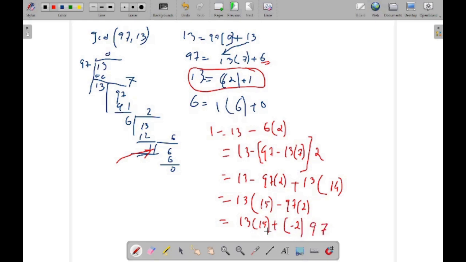So this is in the form ax plus by, where a is 97. So the GCD is represented by ax plus by, with a equal to 97, x equal to minus 2 and y equal to 15.